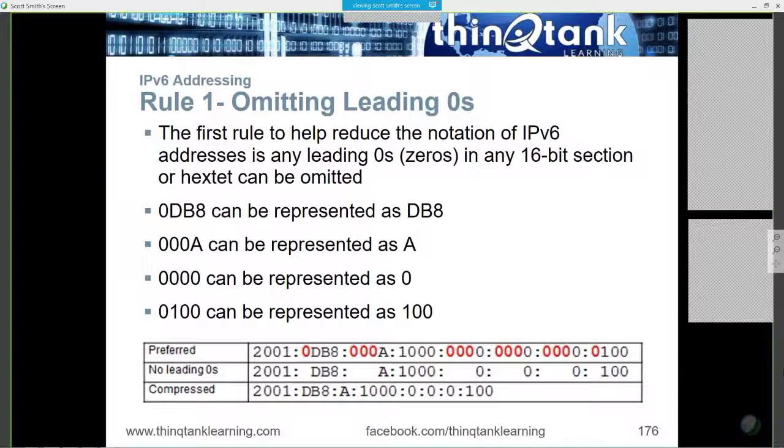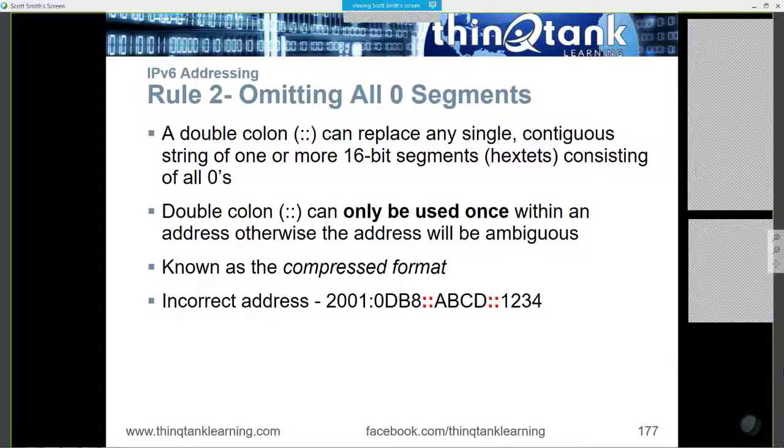The 5th through the 7th hextet, right? So I can actually take out all of those zeros. That's 48 zeros. And I can just put in a double colon for those 48 zeros. 48 binary zeros, right? All right? So by combining those two things, and by the way, the double colon can only be used once because it doesn't represent a specific number of zeros. It represents whatever's left over is zeros. That's a compressed address.